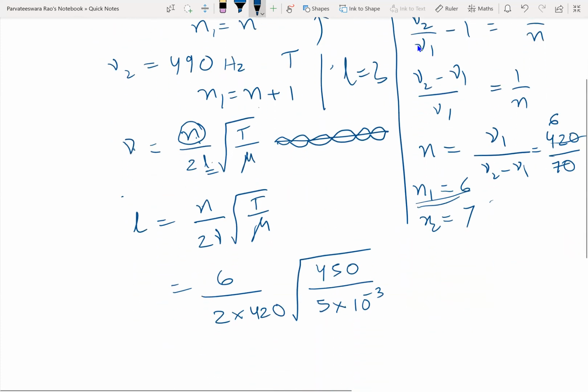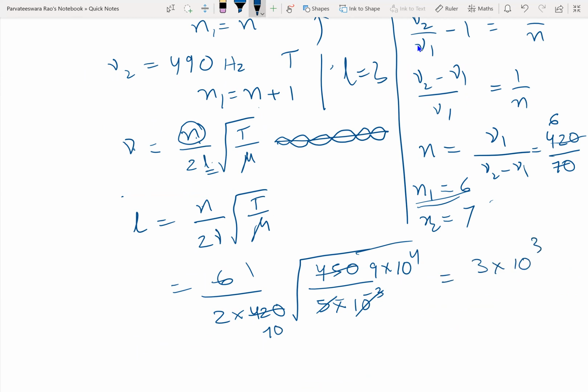So this is 9 into 10 to the power of 4 under square root. Am I right? Yes, sir. This is 70. So you'll get 3 into 10 to the power of 3 by 2 into 7, 10 square. So you'll get 300 by 14, so 150 by 7.